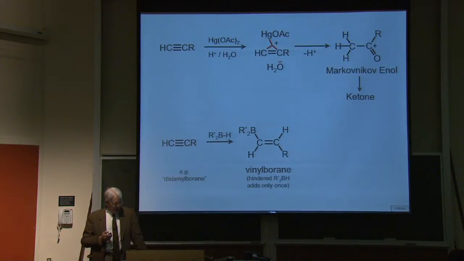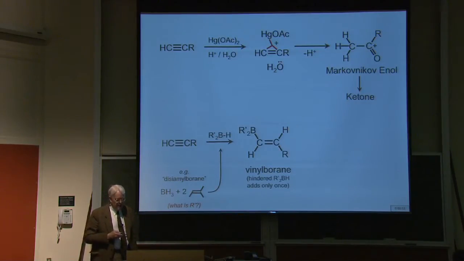A way you can do that is with a compound called diacetyl borane, made with BH3 and that alkene. So you might think about what the R prime groups are that you put on there to make that hindered one with a single H that adds only once. So you get that vinyl borane.